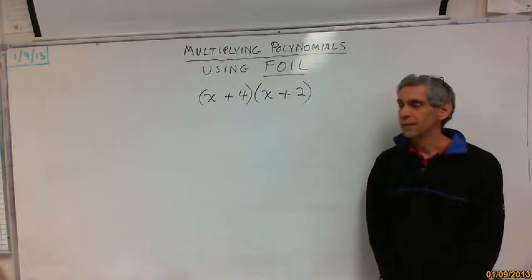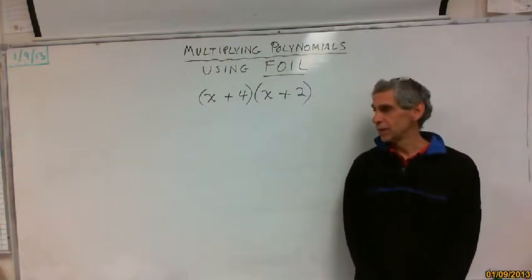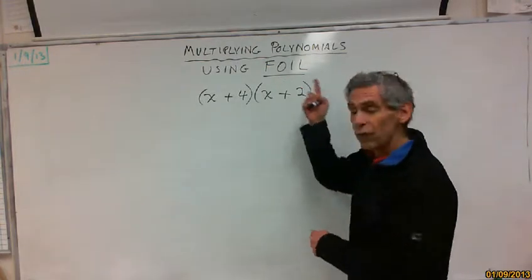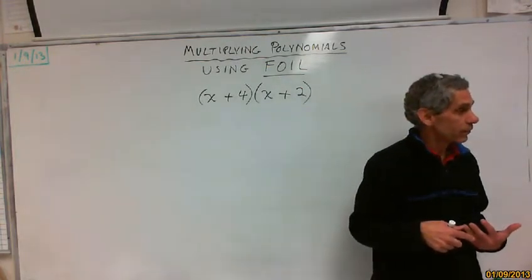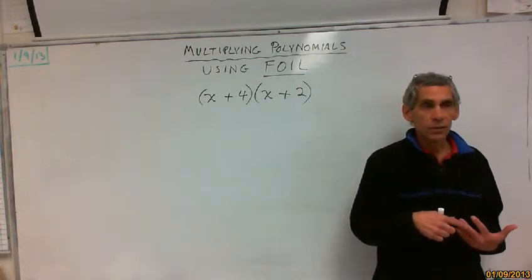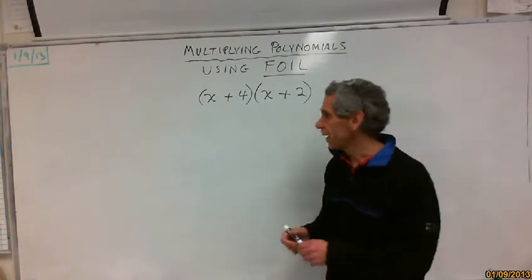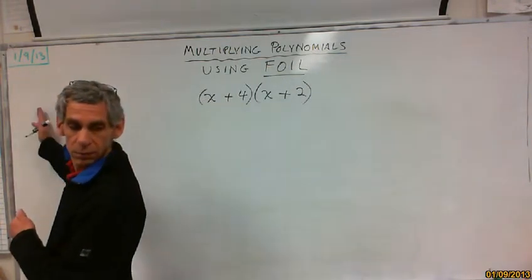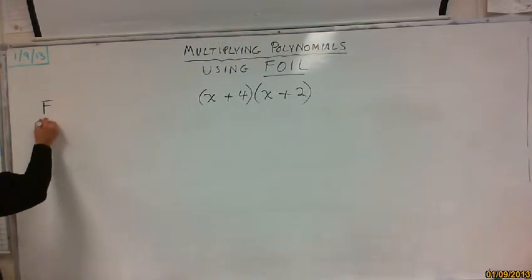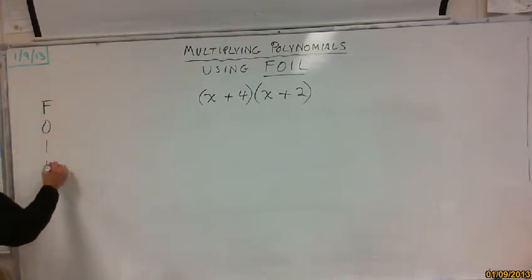It's one of the things that a polynomial could represent. Okay, so FOIL is an acronym. What's an acronym? The word stands for something else. Right, exactly.